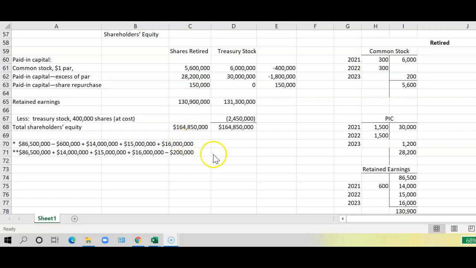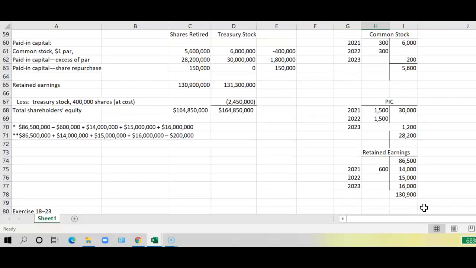So when I look at the retained earnings, this is the beginning balance of 2021. This $14 million is the income from 2021. $15 million is the income from 2022. And in 2023, the income was $16 million.